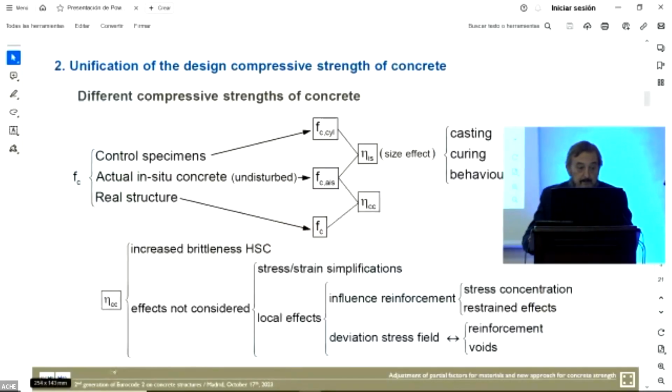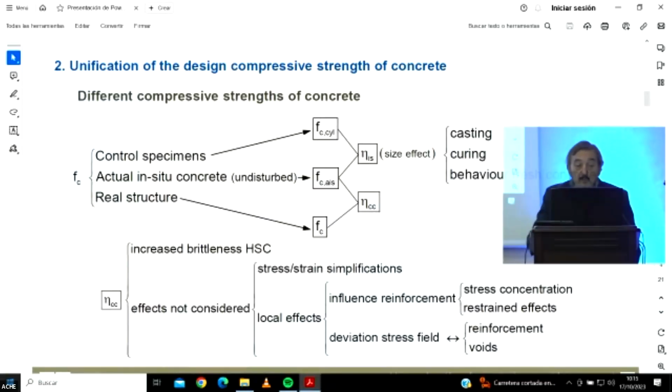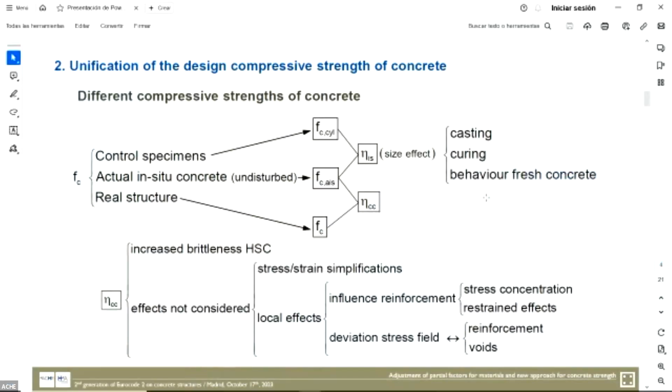its use. Second flash is related to design compressive strength of concrete, the unification, what has been done by Professor Muttoni, very interesting. You see here, we have really several compressive strengths of concrete. We have the compressive strength of the control specimens, fc.